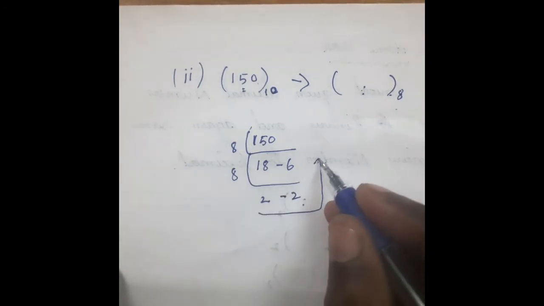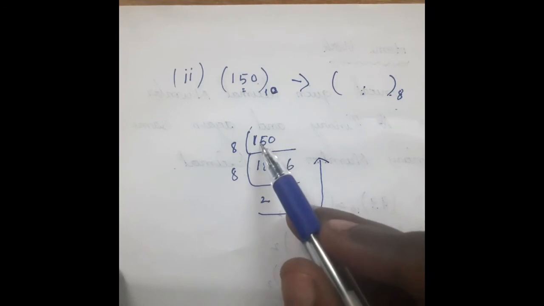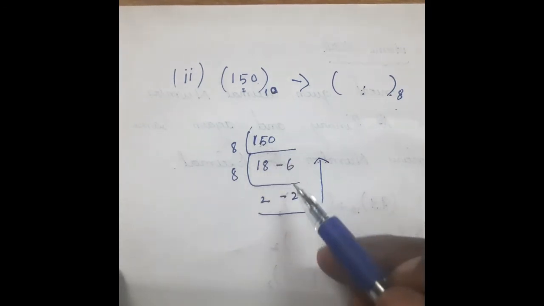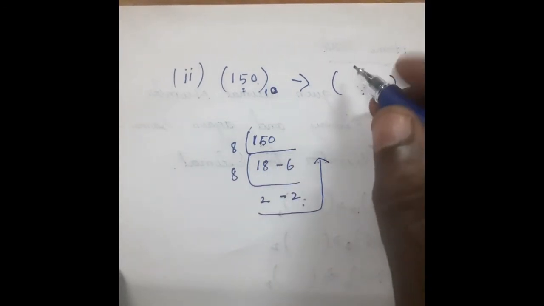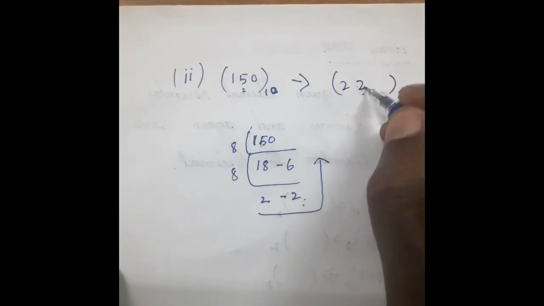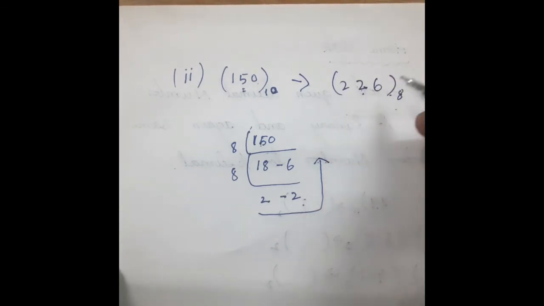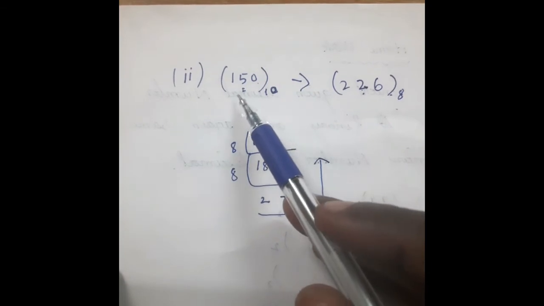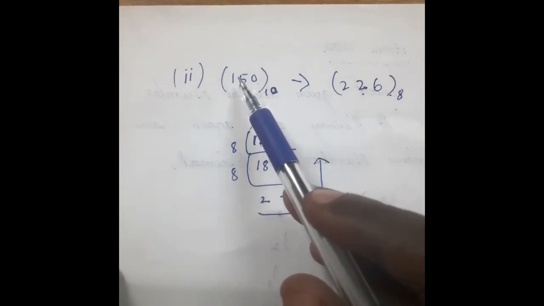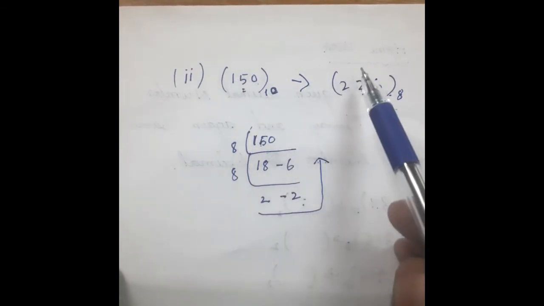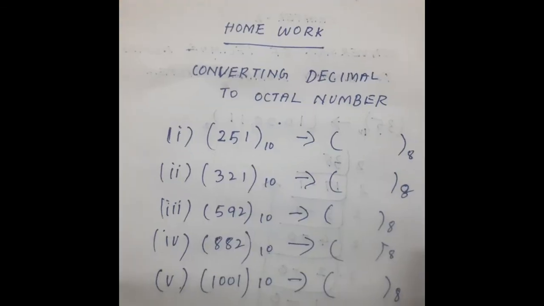So the equivalent of given decimal number 150 in octal is 226. So this is how to convert a given decimal number to octal number system.